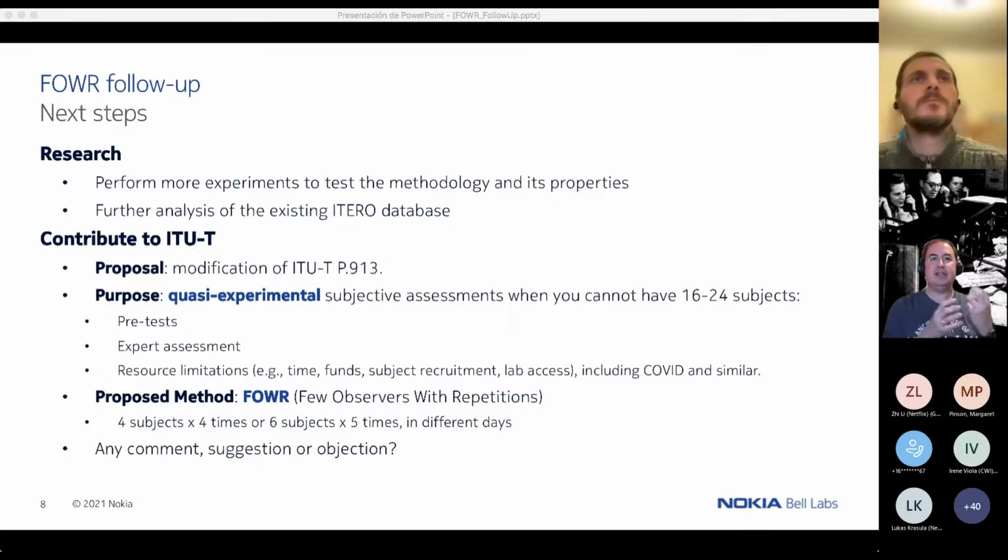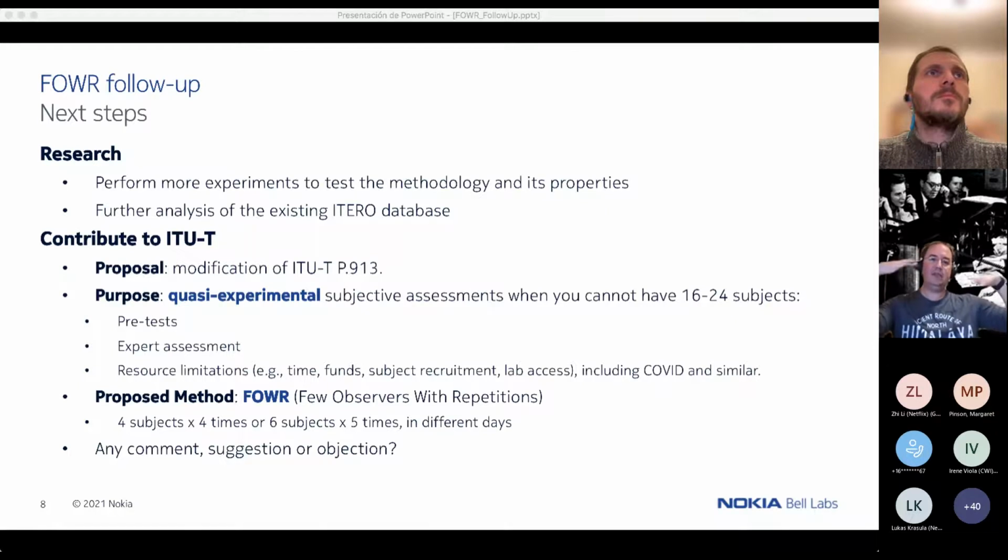But if you look at the data, yeah, this happens, and this is what you try to address by having a few subjects. There's a balance between the number of subjects that you get and the joint bias that you have.